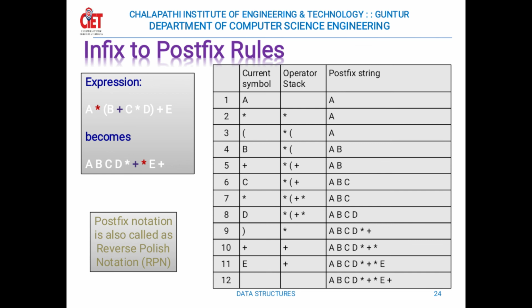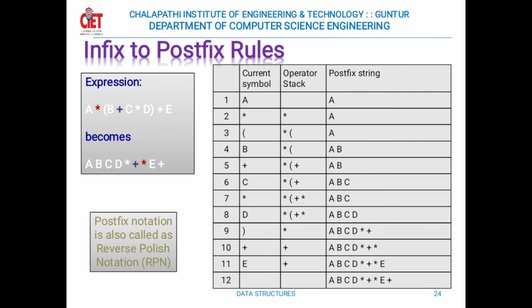Once the input symbol is a closed parenthesis, pop elements up to the left parenthesis, so the star and plus are removed. Next, only one operator, star, remains at the stack top. Next one is plus.